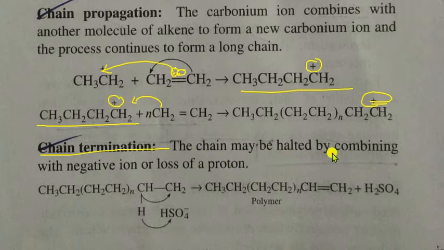That's what happens in the chain termination part. The chain may be halted, that means it's going to stop or be terminated, by combining with the negative ion, because it's positive now, so it's going to have a negative ion. Or by the loss of a proton; as we know protons are never actually lost, but you can neutralize them by adding a negative ion associated with that.